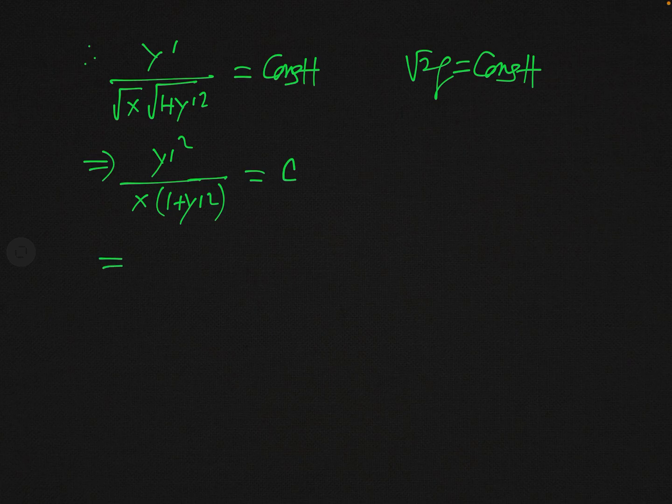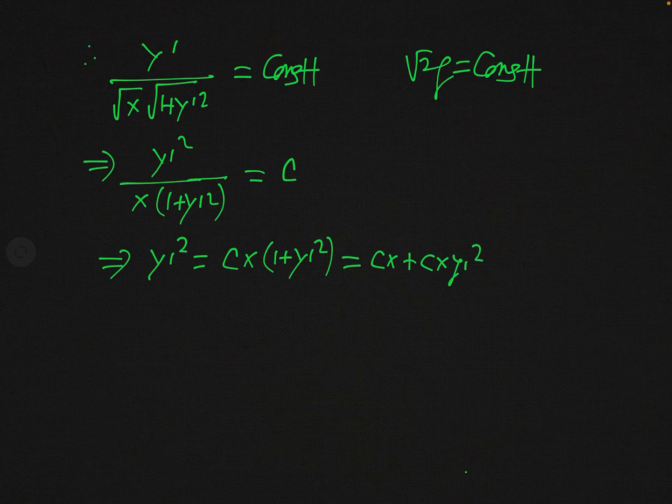Now we will simplify this equation. You can see after cross multiplication we will have y prime square equal to c times x times 1 plus y prime square, and this may be written as cx plus cx times y prime square.